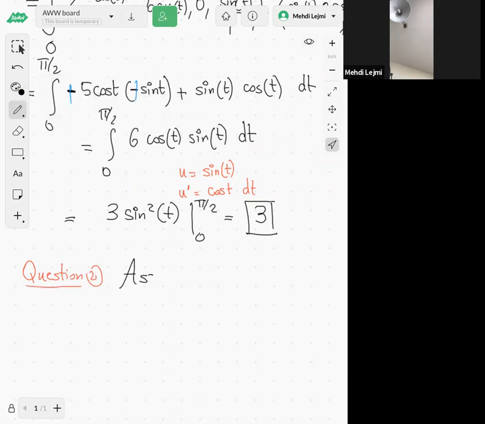Assuming the vector field F is conservative, how can we find the potential function f?